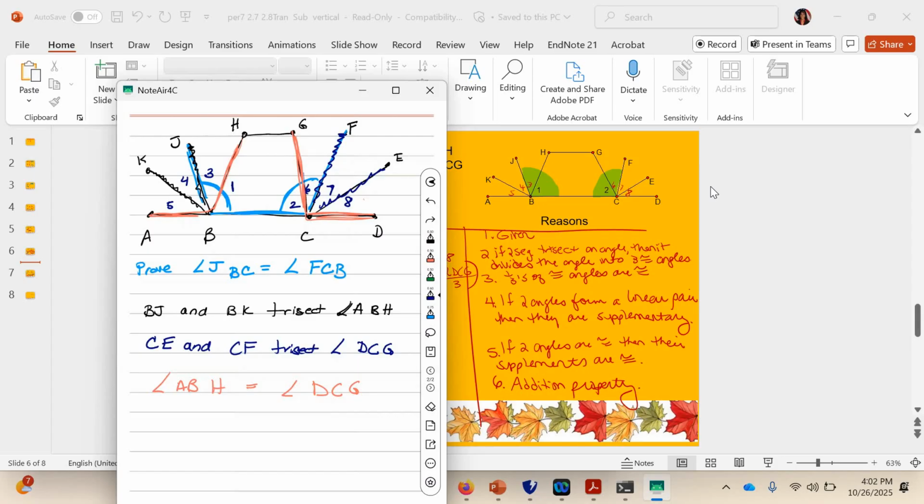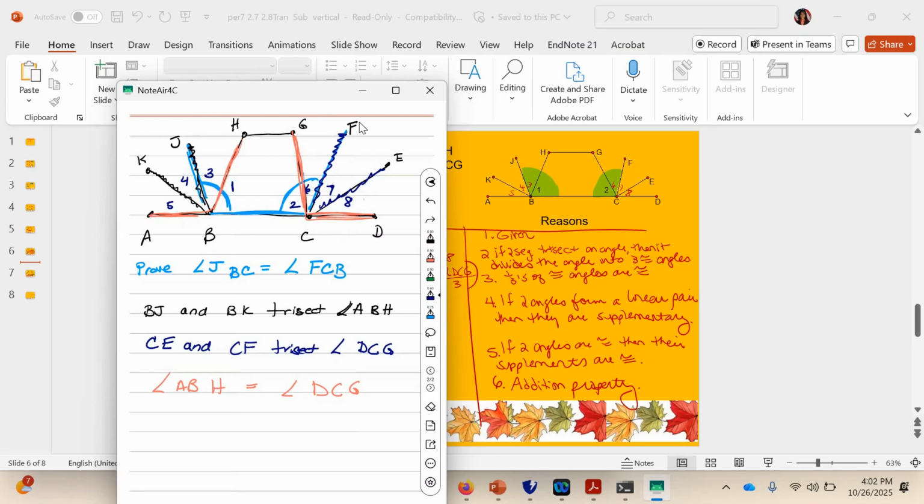They're just labels so I can keep track. So the measurements of angles 3, 4, and 5 are exactly the same as the measurements of angles 6, 7, and 8. That's the first observation.